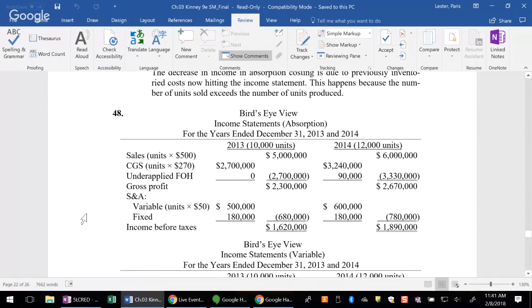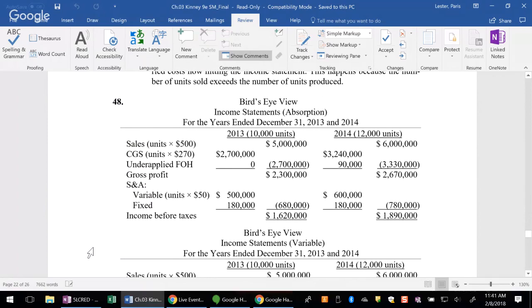All right, now let's look at the income statement first for 2013. Now this is absorption. Let's go down and look at 13. Absorption, remember, is what we've always done. Sales minus cost of goods sold gives us gross profit, minus selling administrative gives us income before taxes. Always done that. Now, let's see how it changes.